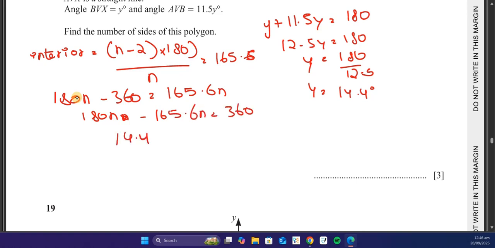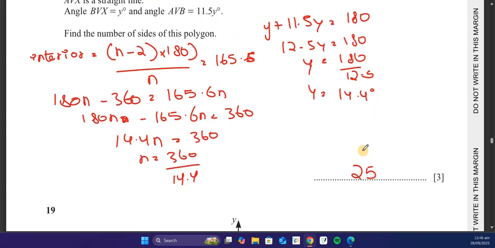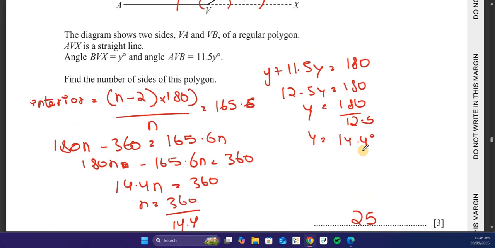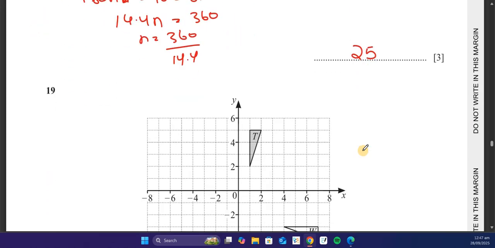That will give us 14.4n equals 360. n is equal to 360 over 14.4, and that should give us 25. All right, perfect. I think I've done this correctly. 360 over 14.4, yep, the answer is 25.